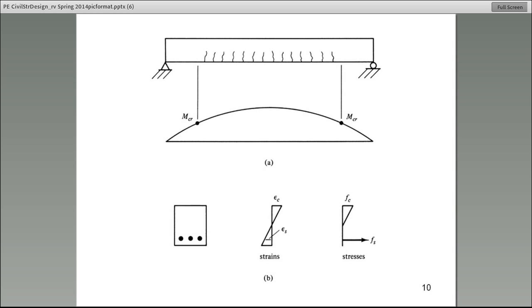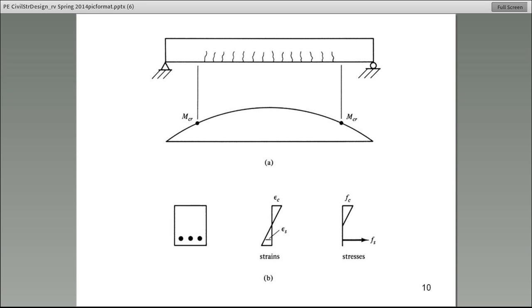Yeah, cracking moment. That's right. I can just hear Helen said cracking moment. And guys, I'm going to show you how to calculate this, because this is a rather simple concept, but it can be on the test.